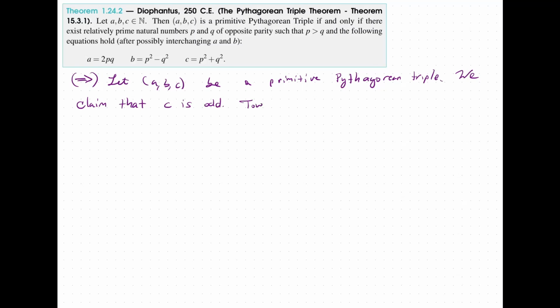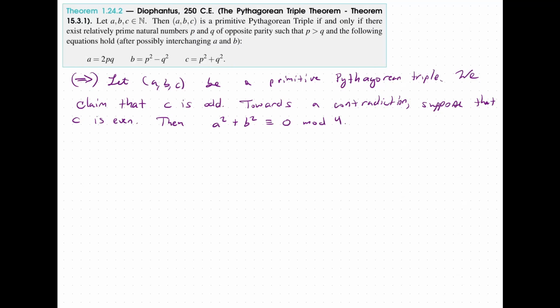So towards a contradiction, suppose that C is even. Then A squared plus B squared has to be congruent to 0 mod 4. Because if C were even, then C squared is going to be divisible by 4.